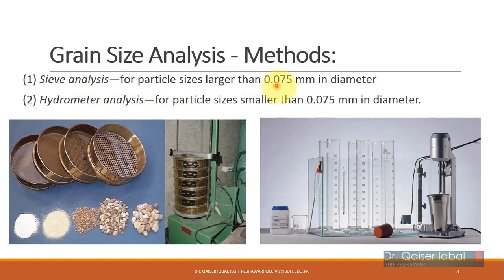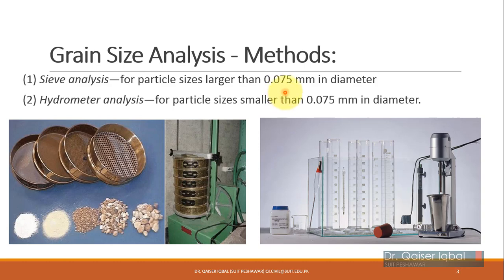So sieve analysis is used for the particle size distribution of sands and gravels, while hydrometer analysis is used for the particle size distribution of silts and clays in a particular soil. And usually we perform both tests and plot them on the same graph, which is known as the combined gradation curve.